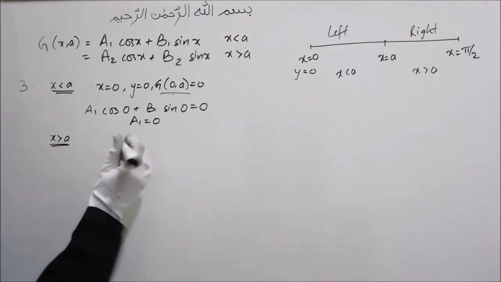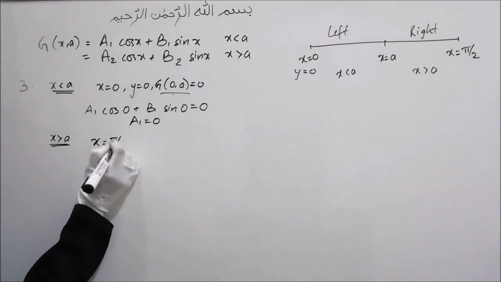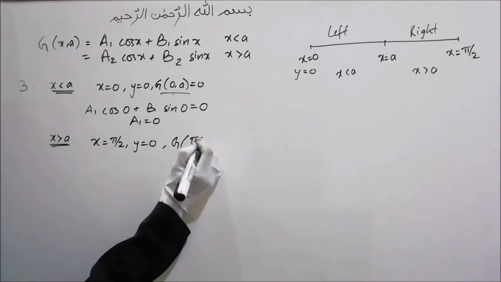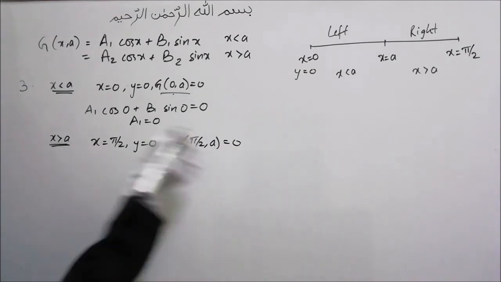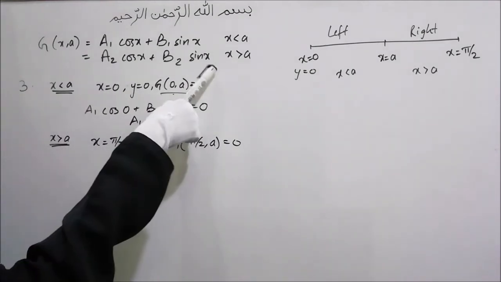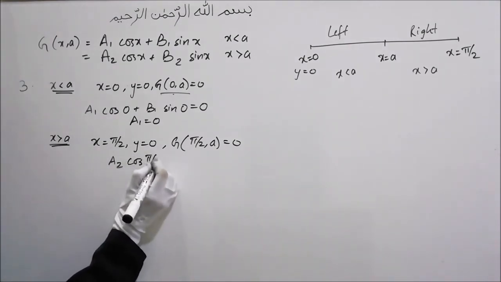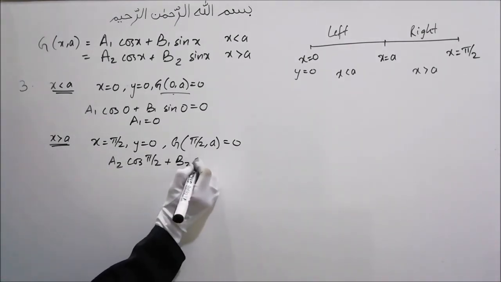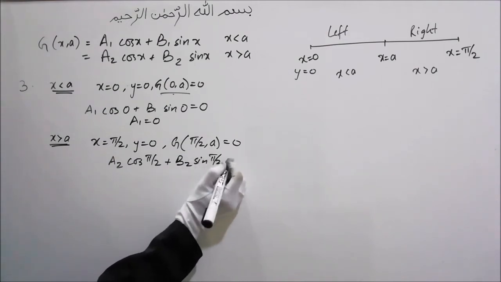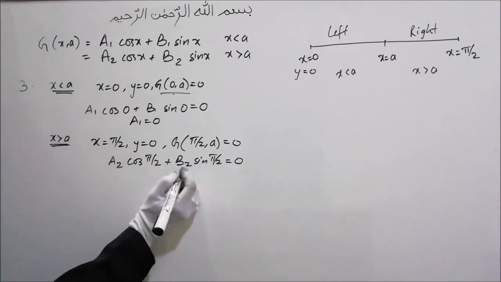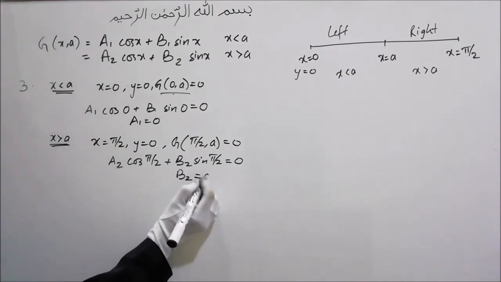For x greater than a, at x equals pi by 2, we are having y equals 0. That means g of pi by 2 comma a is also equal to 0. So for x greater than a, I'll have a2 cos pi by 2 plus b2 sin pi by 2 is equal to 0. Sin pi by 2 is 1, therefore we'll have b2 equals 0.